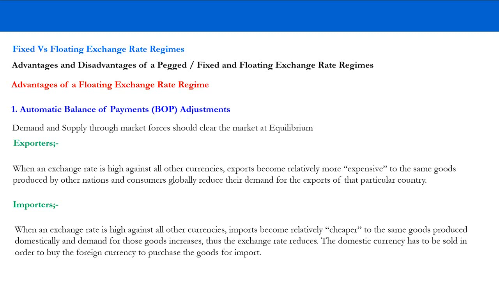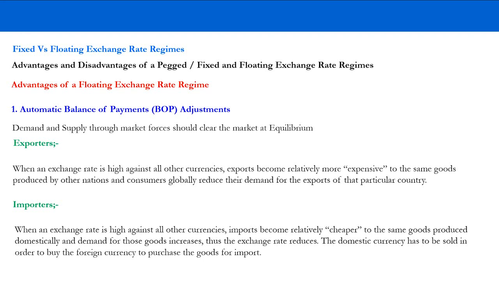So for exporters, for example, when an exchange rate is high or goes too high against all other currencies, exports become relatively more expensive to the same goods produced by other nations, and automatically consumers, so left to the market mechanism, will get to a point and start reducing their demand for the exports of that particular country because they can get the same goods at a lower price from somewhere else.